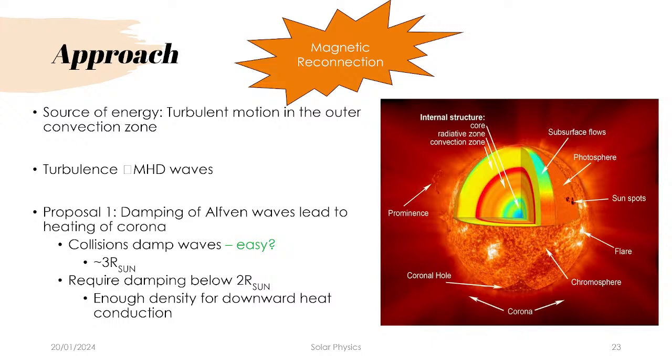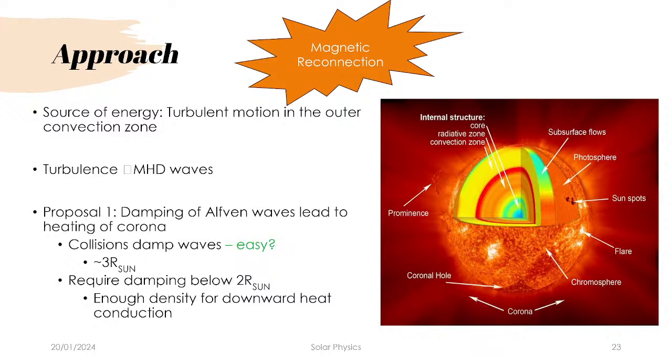But is it so easy to say that dampening can happen because of collisions? No, because if you're considering only collisions to cause dampening, then it would take about 3 solar radii to get to the heat that you require to reach 1,000,000 Kelvin.